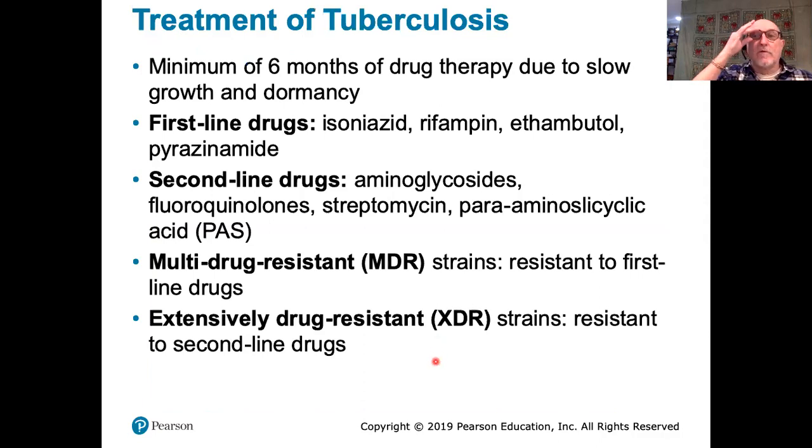The treatment for tuberculosis is extremely lengthy. Even in modern times, treatment is at least 6 months. These drugs, they're called the first-line drugs. These were the first ones to be developed, and they were revolutionary.